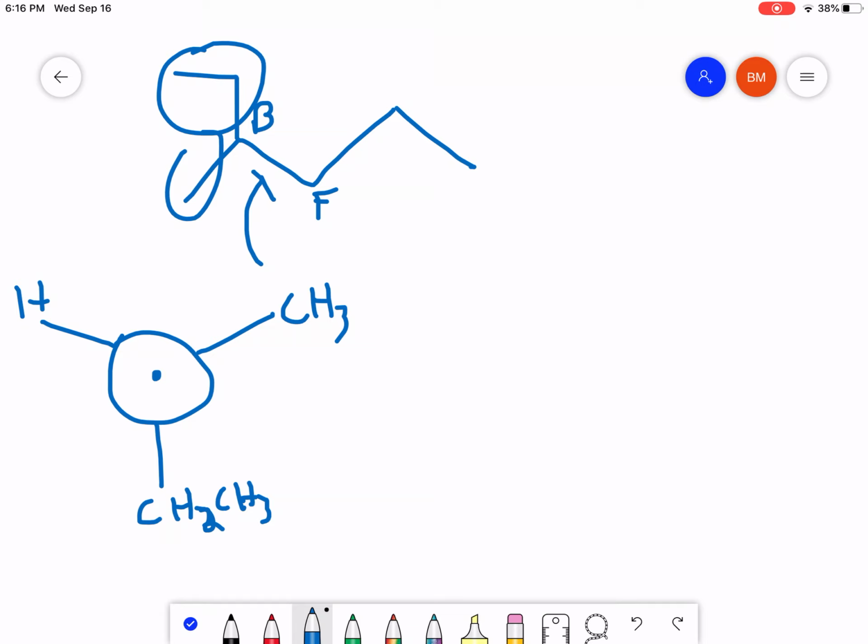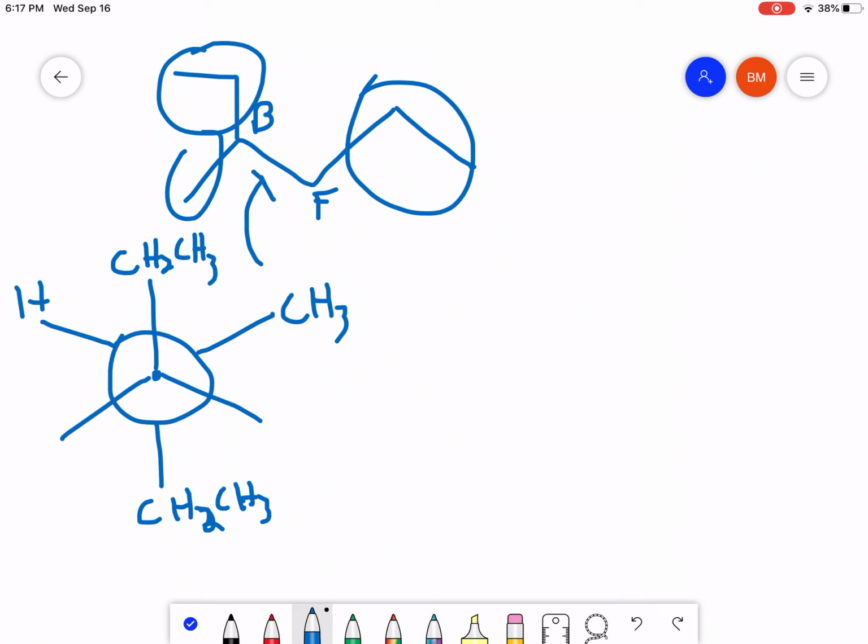On the front carbon, we have an ethyl group, and we have two H's. So there's kind of an opening Newman projection. See if you can draw the rest of the Newman projections for this structure.